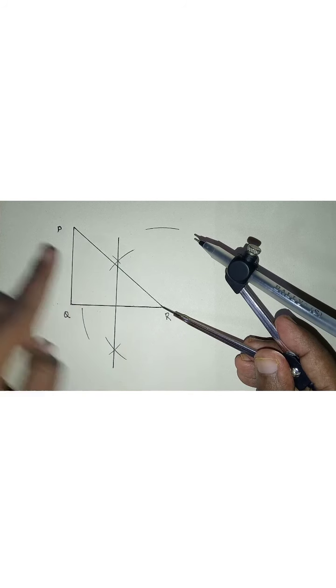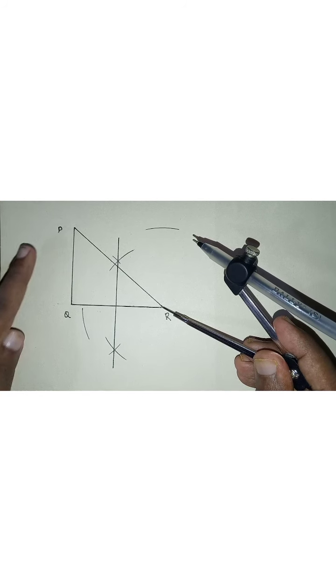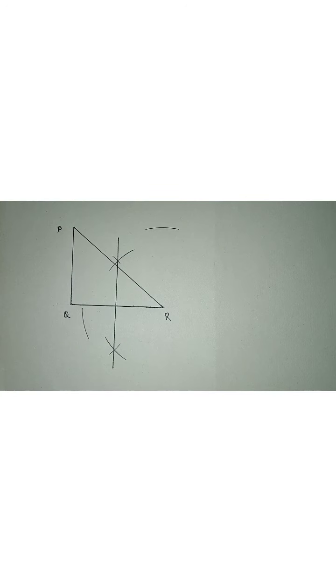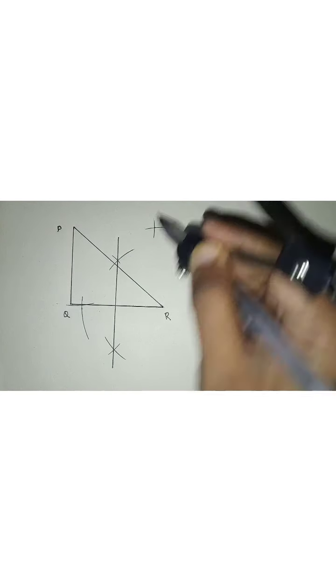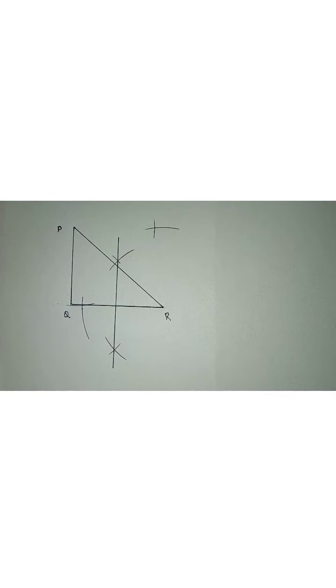Now I will shift this point to point P. Now I will cut these two arcs here. Now I have got 2 points, one point here and one point here. I will connect these 2 points. So students, we have drawn 2 perpendicular bisectors.